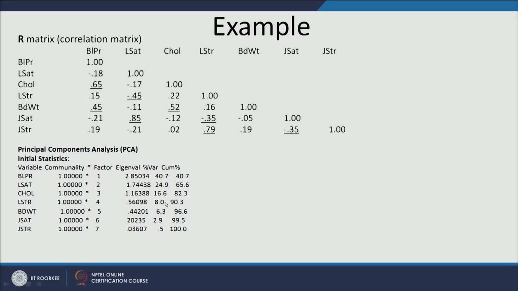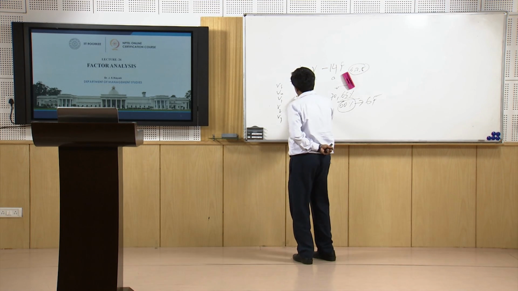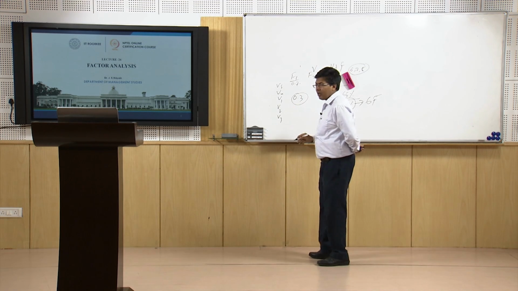Now, we say that whenever the variance explained by an item or a variable is less than 10%, that happens when the correlation of the variable is, let us say, below 0.3, is it not? Let us understand this.